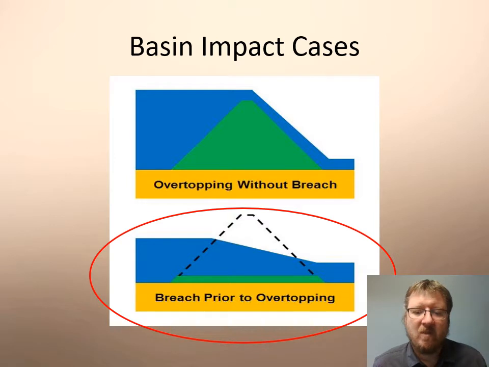So we have these two cases, and the geotechnical engineers, when they develop system response curves, are trying to predict the chance the levee might breach before it overtops, and that's where the most work really is.